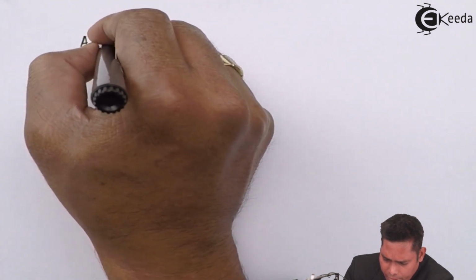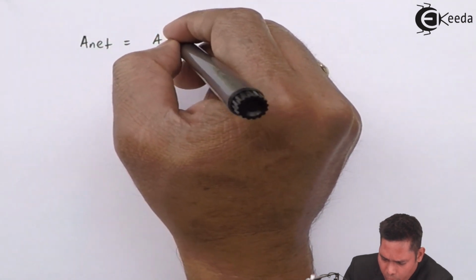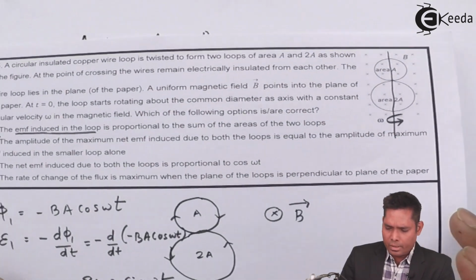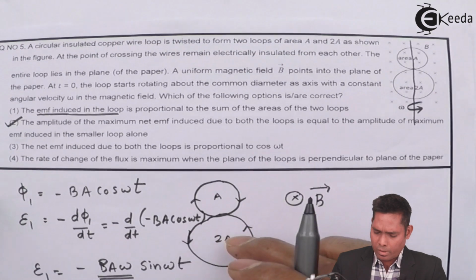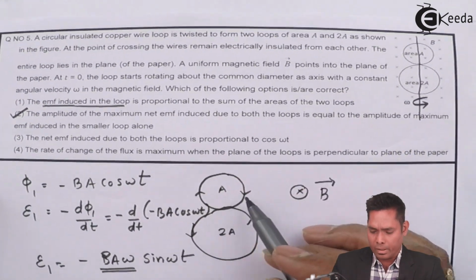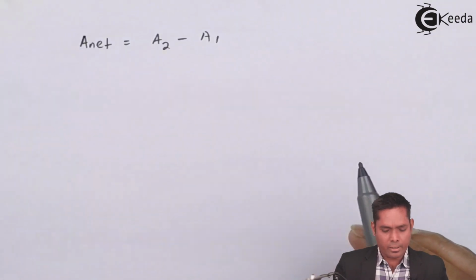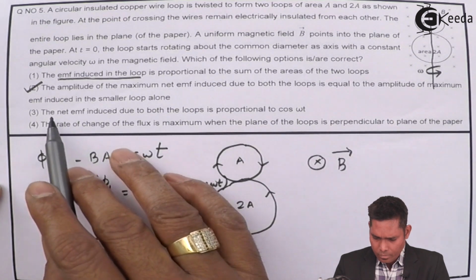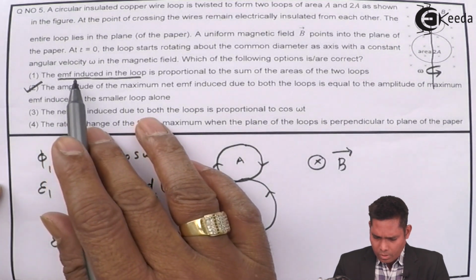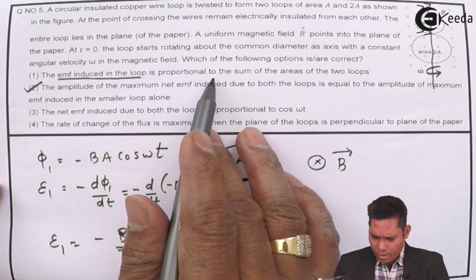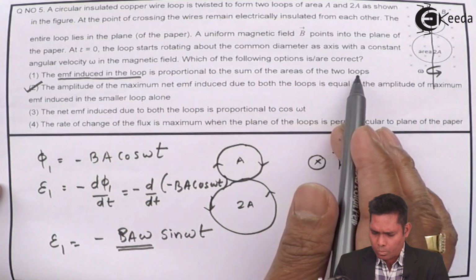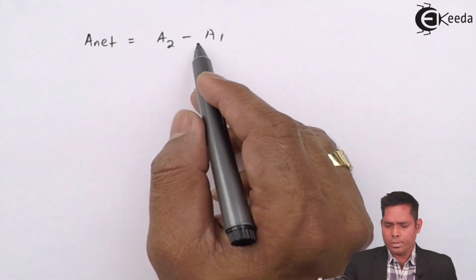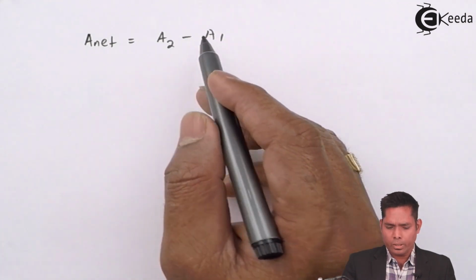A net equals A2 minus A1, or A1 minus A2, whichever is greater, whichever you think of as A1 and A2. So this is the difference. The EMF induced in the loop is proportional to the sum of the areas of the two loops, but here it is not the sum of the two areas, it is the difference of the two areas of the loops.